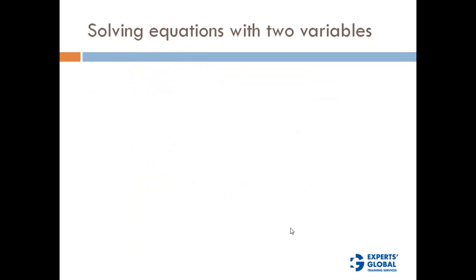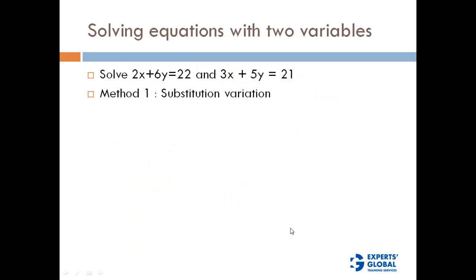Now we'll look at method number 2, which is a variation of the substitution method. It is very similar, but what we do is we try to get rid of one term by finding a common term through multiplication of the equations. Let's say I want to get rid of x.